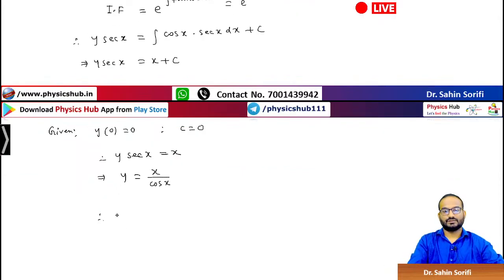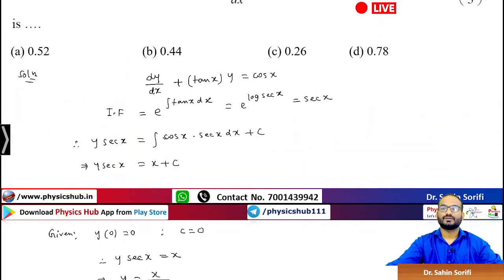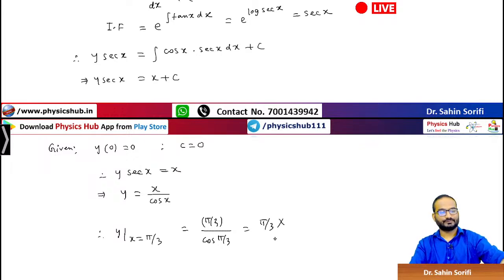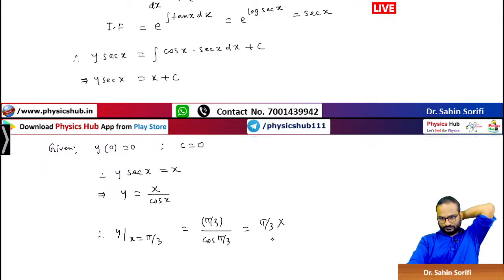Hence y at x equals pi by 3 is pi by 3 divided by cos pi by 3. What is the value of cos pi by 3? Half.